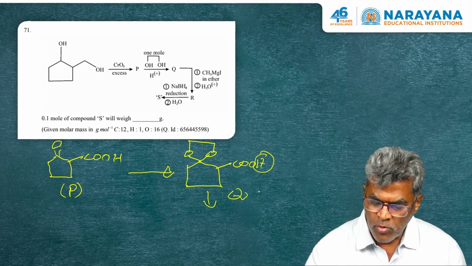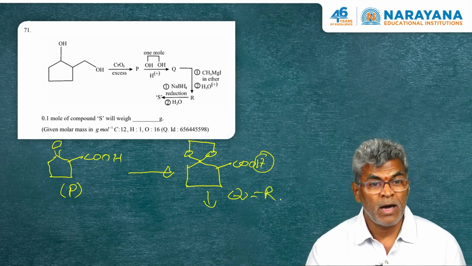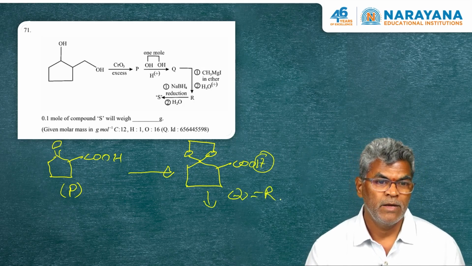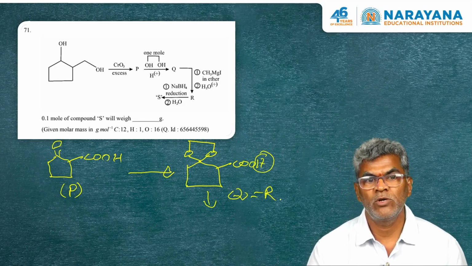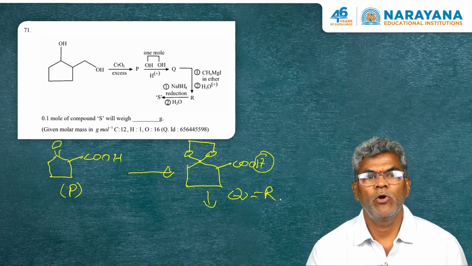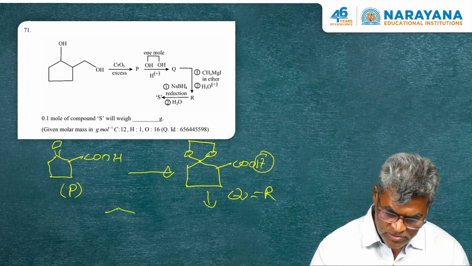Q is equal to R, remain same, and R now reacts with sodium borohydride. Sodium borohydride selectively reduces the carbonyl group rather than COOH. It won't reduce the COOH group. So, S will be this compound.